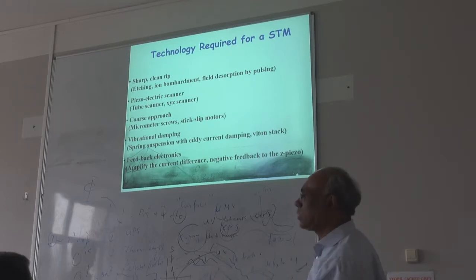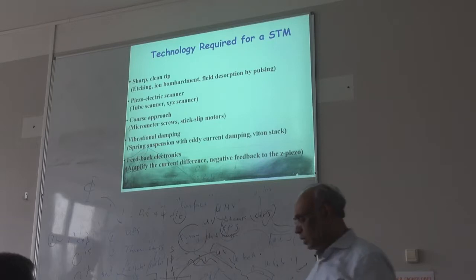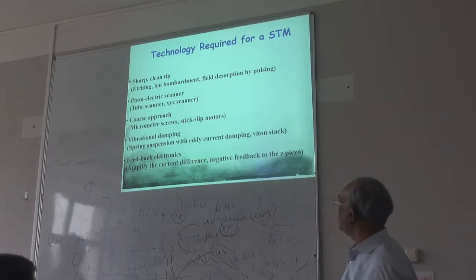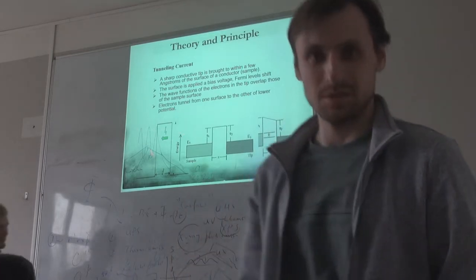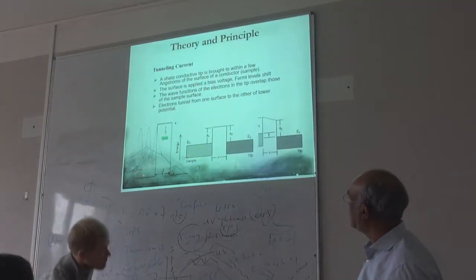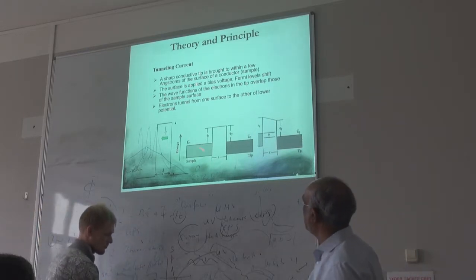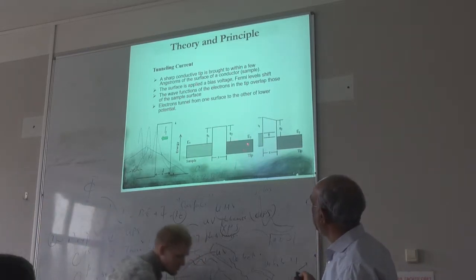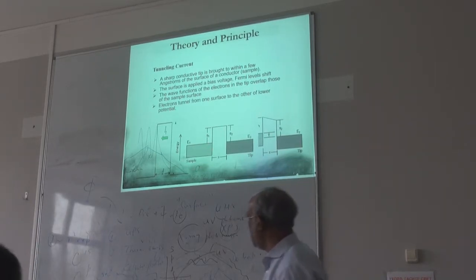This all happens because of quantum tunneling. I hope people are familiar with the quantum tunneling effect. If we have two metals, this is what I was trying to draw here.